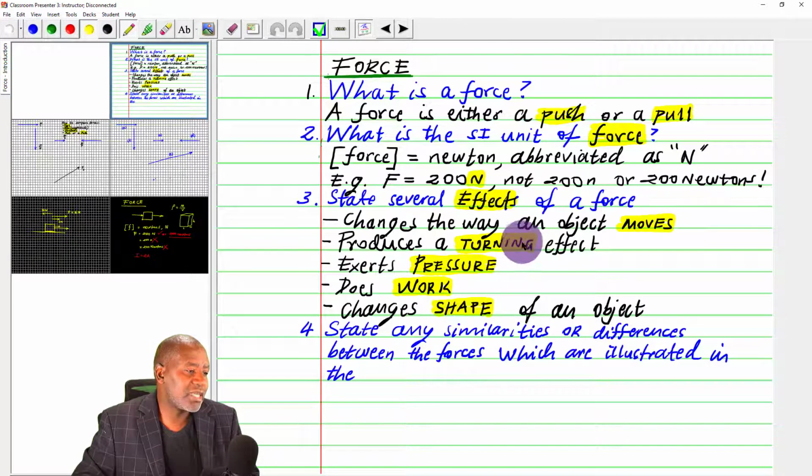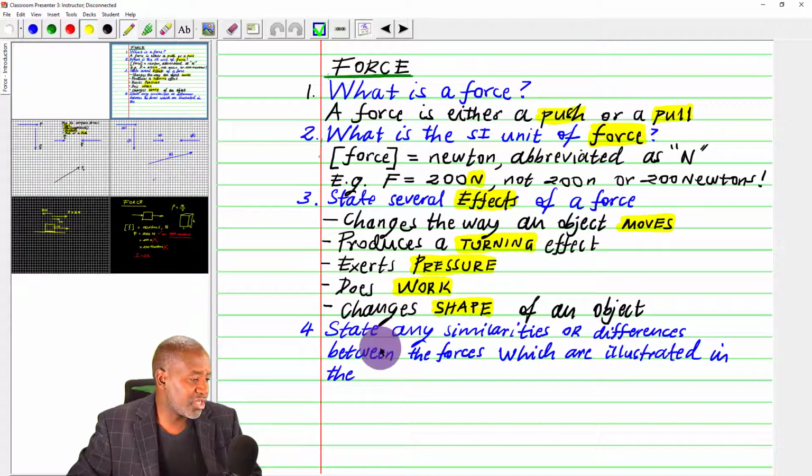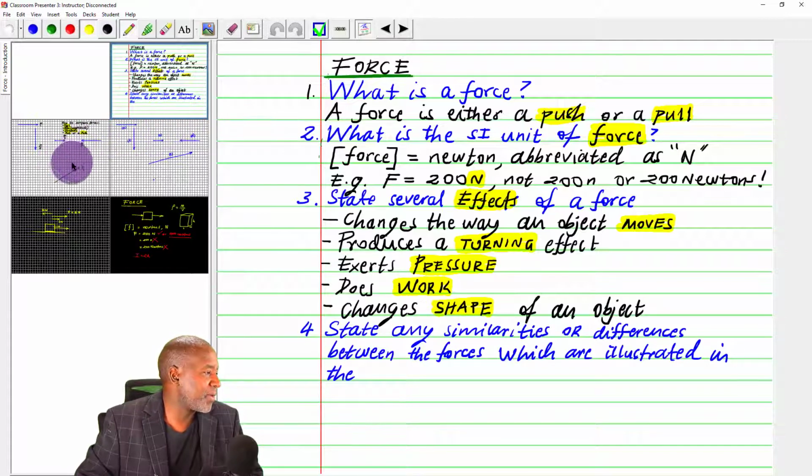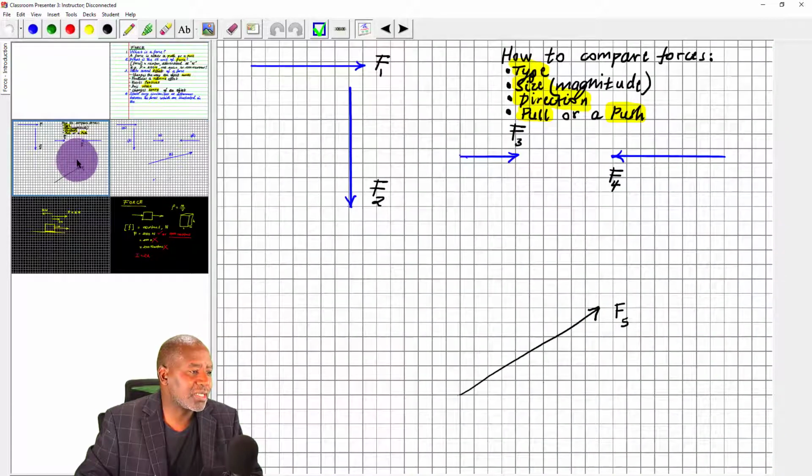Each one of these effects is a topic all by itself in our syllabus. Now, there is this question: state any similarities or differences between the forces illustrated in this figure. I did not finish that, but I'd like us to look at it.